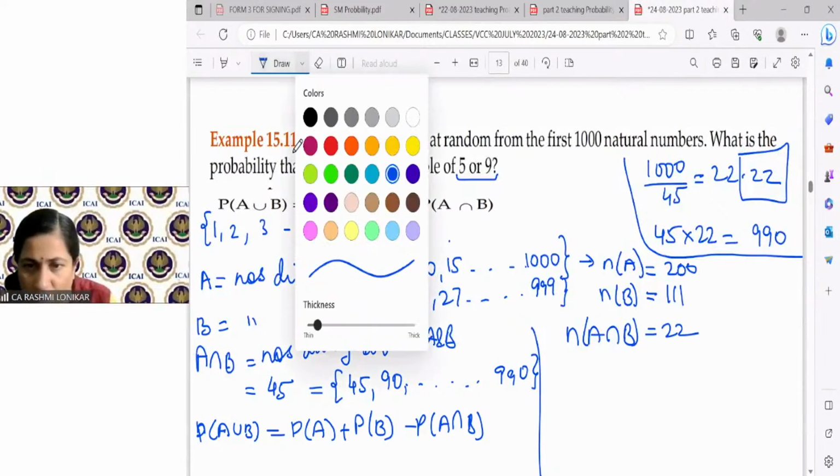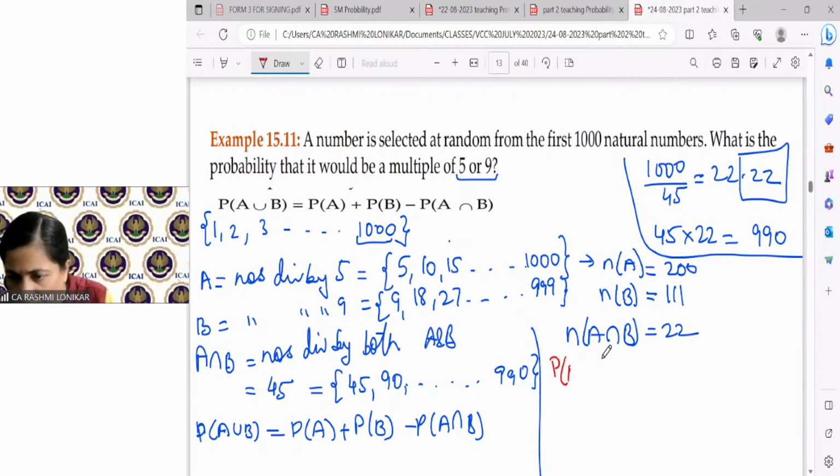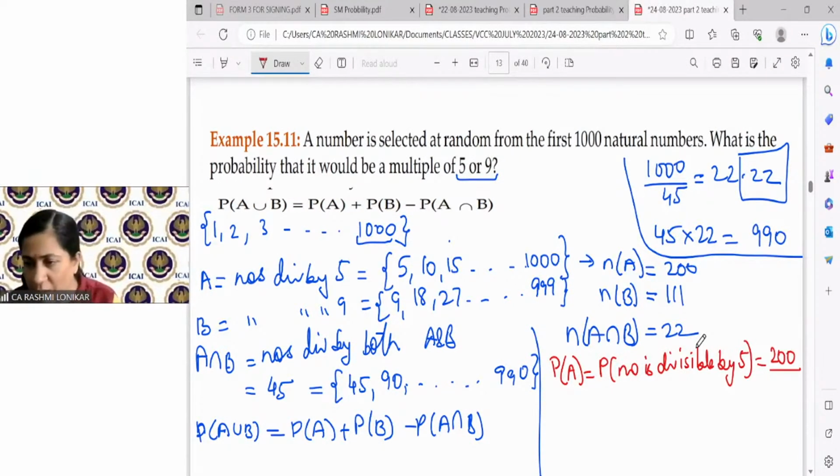So the probability of A, that the number is divisible by 5, will be 200 upon the total number of numbers, 1000.